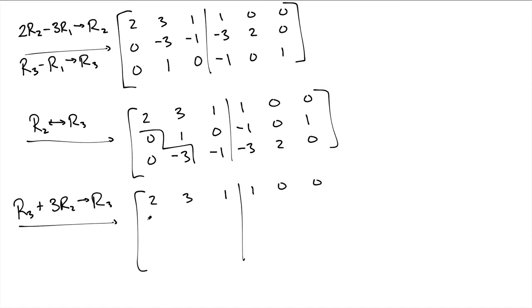My second row stays the same. And for my third row, I have 0 plus 0 is 0. Negative 3 plus 3 is 0. Negative 1 plus 0 is negative 1. Negative 3 plus negative 3 is negative 6. 2 plus 0 is 2. And 0 plus 3 is 3.